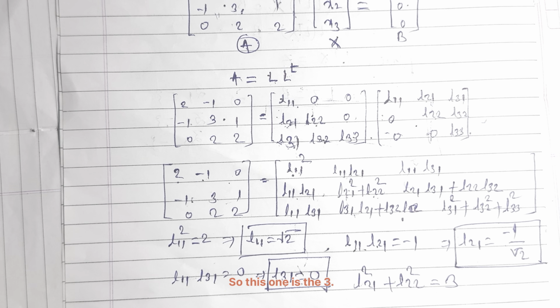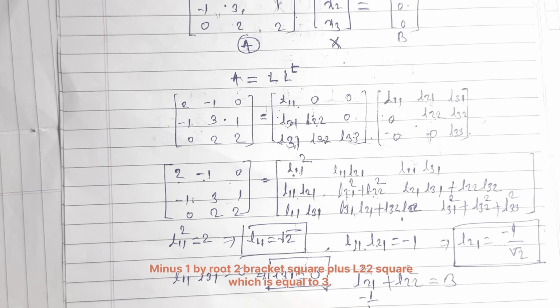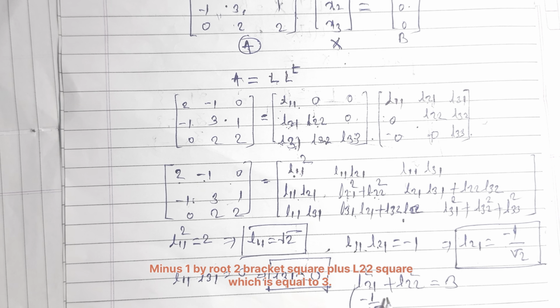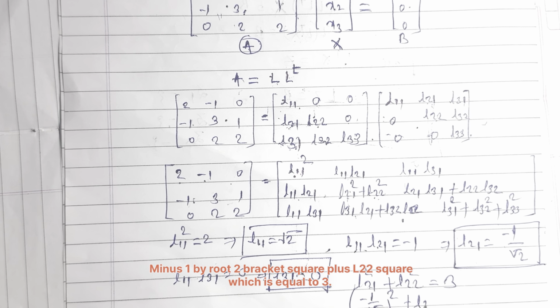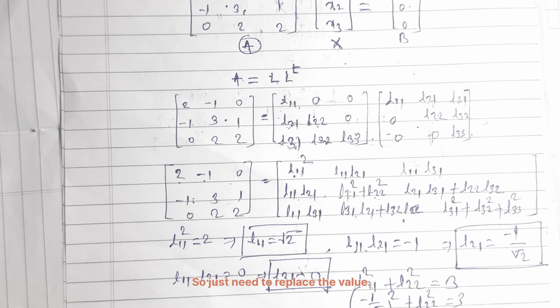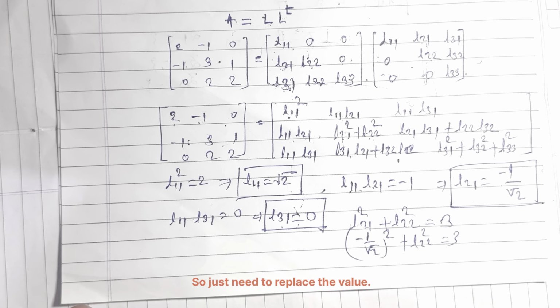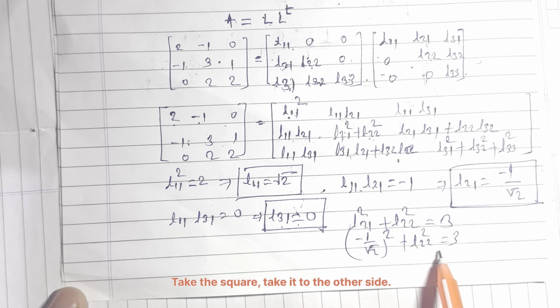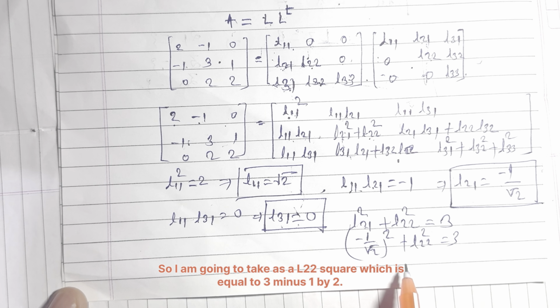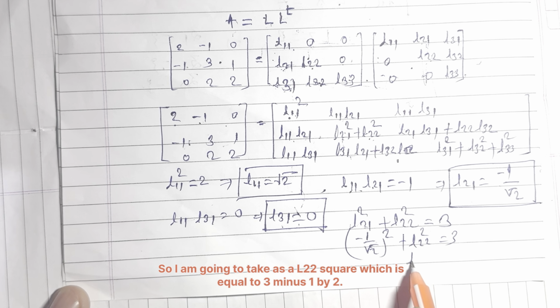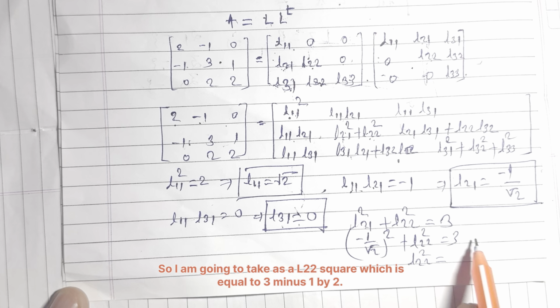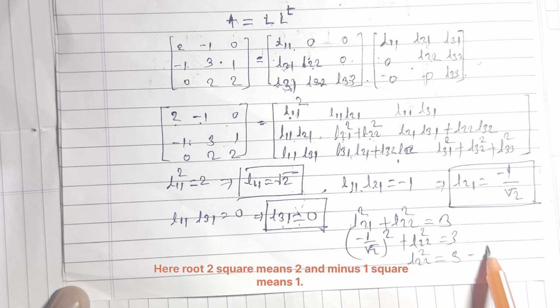What is L21? Minus 1 by root 2, bracket square, plus L22 square is equal to 3. Just replace the value, take the square, take it to the other side. So L22 square is equal to 3 minus 1 by 2.